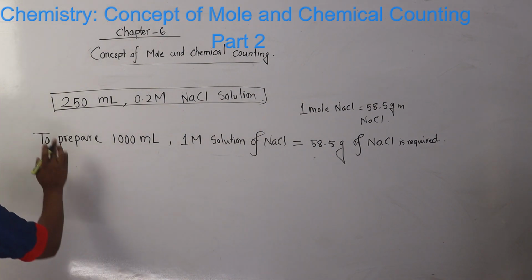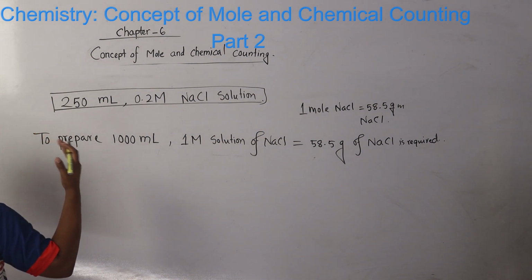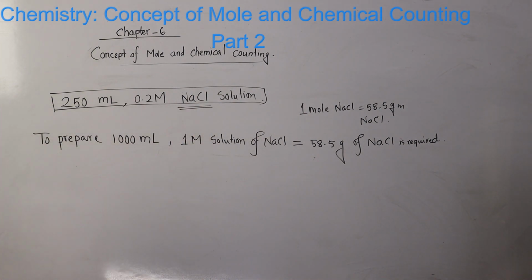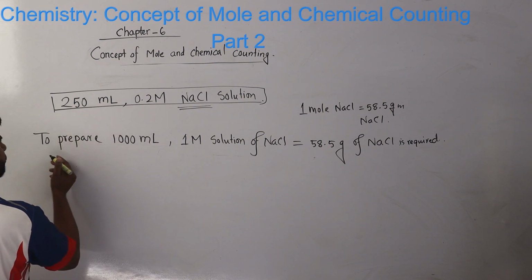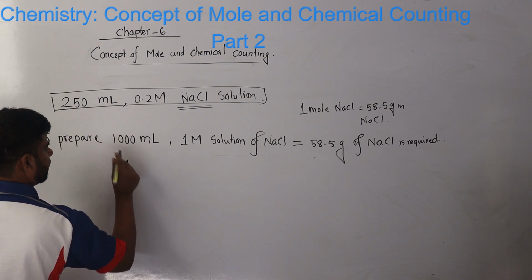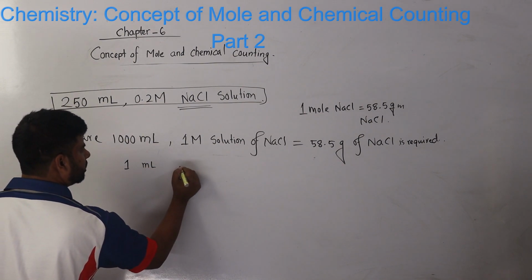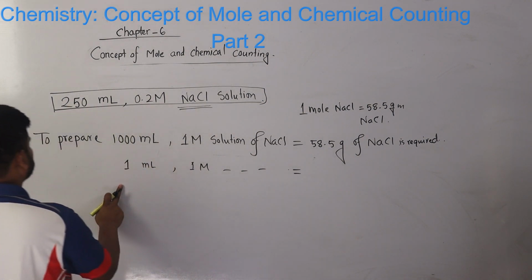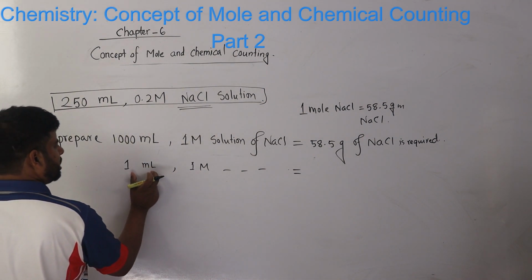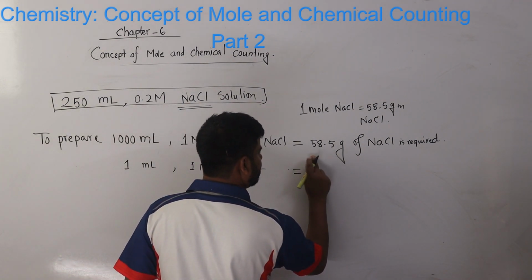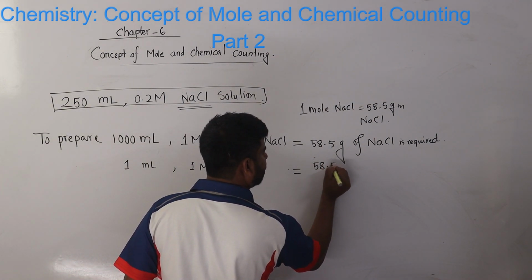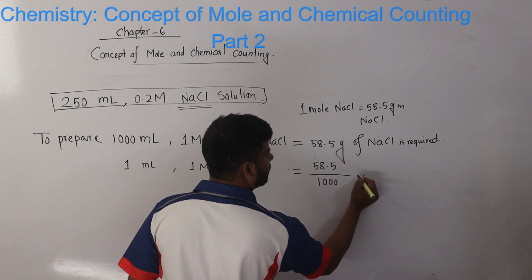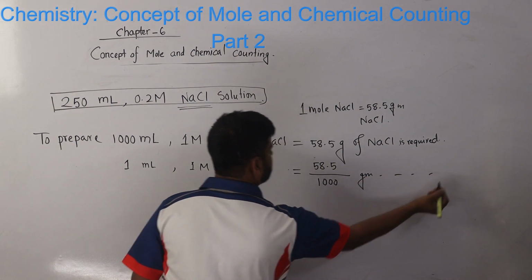So we want to find out the amount of sodium chloride required to prepare 250 milliliter solution. First we calculate by unitary method for 1 milliliter of 1 molar solution of sodium chloride: 58.5 gram divided by 1000 gram of sodium chloride is required.